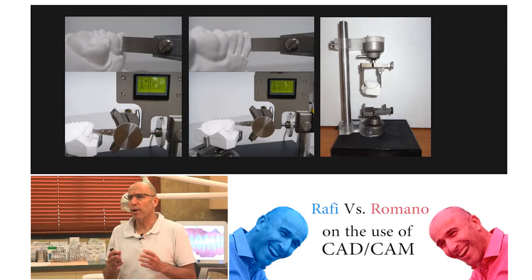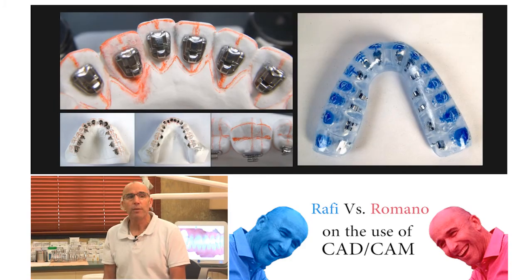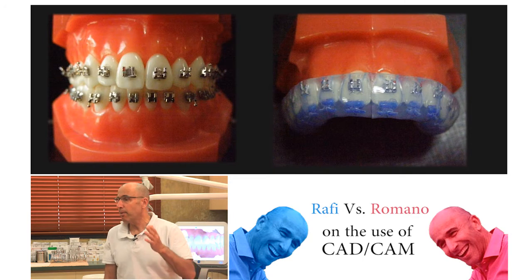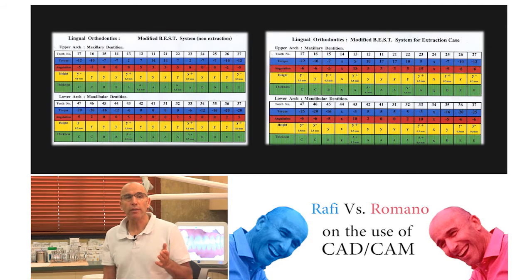I can use all the bracket positioners, the TARC, the wonderful laboratories that are spread out all over the world, and many of them are attending in this room, including Peter Sheffield and Aris Kiyaka and others, who can place the brackets and position them in the perfect place, and then get a tray, and then with a chart already developed for many, many years, knowing exactly what to do, either buccal or lingual orthodontics, with exactly the number of torque, angulation, and inclination for every tooth, including the overcorrection that we need to do in order to align the teeth.